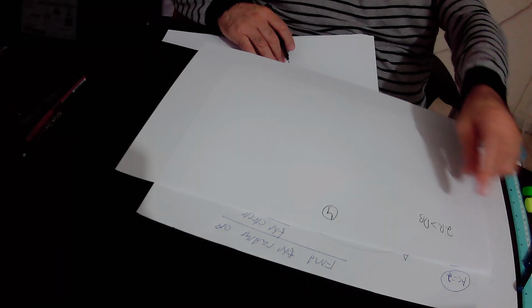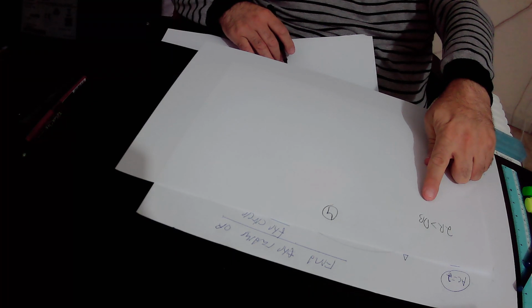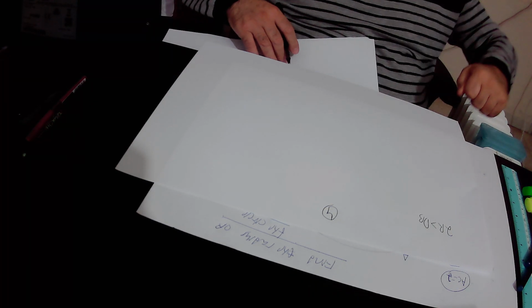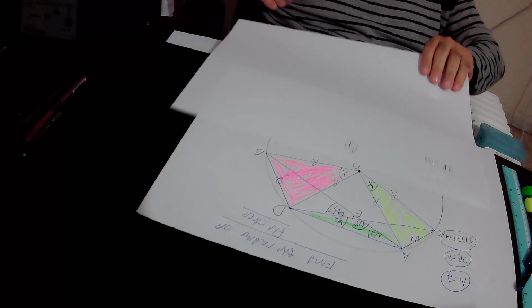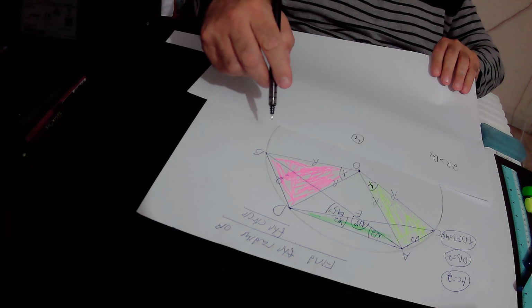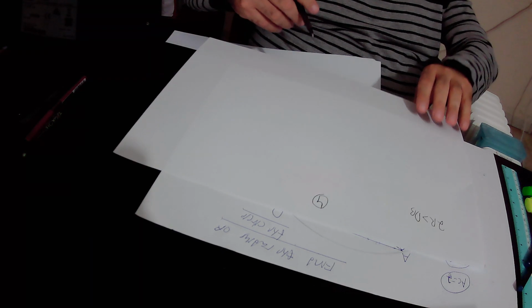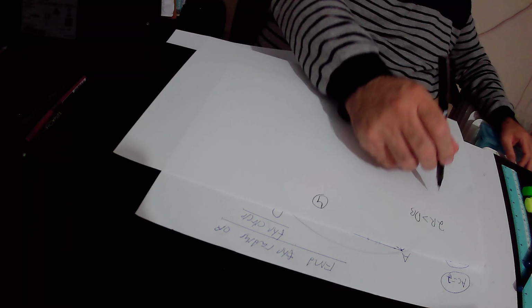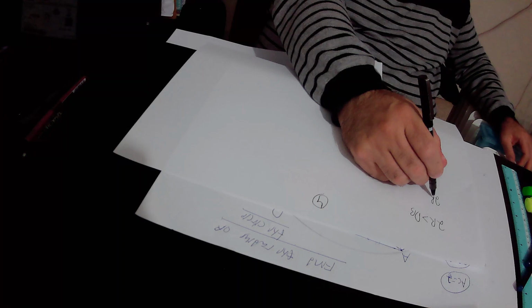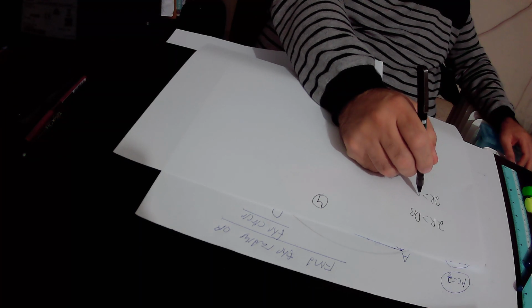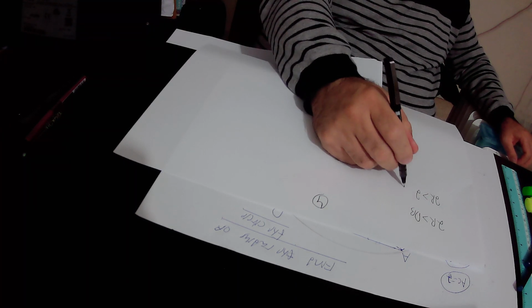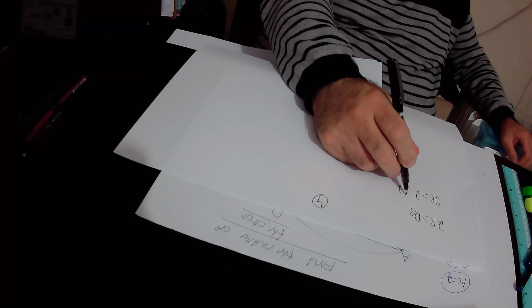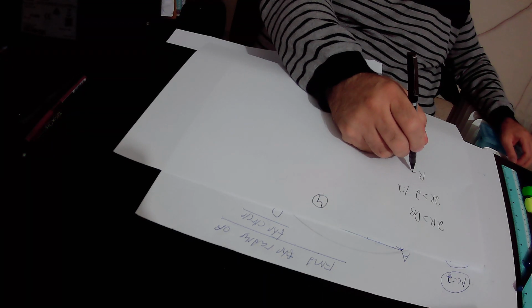The diameter 2r is greater than DB, which is not the diameter of the circle. It is given that DB equals 2, so we substitute DB by 2 in this inequality, and we get that 2r is greater than 2. We divide this inequality by 2, and we get that r is greater than 1.